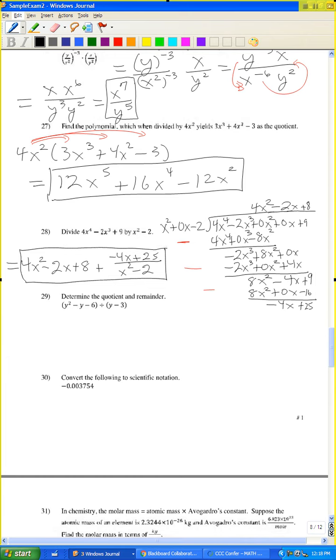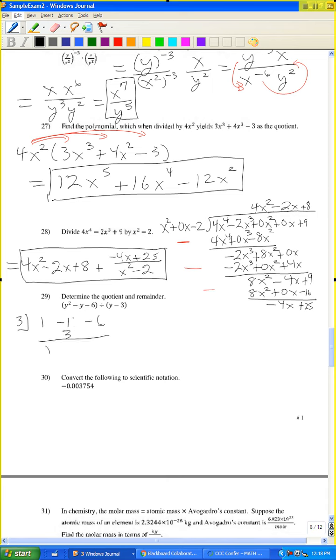Let me do problem number 29. Determine the quotient and remainder. And so you can do it by long division, or maybe I'll just do it by synthetic division. 1x squared minus 1y squared minus 1y minus 6. Drop down the 1.